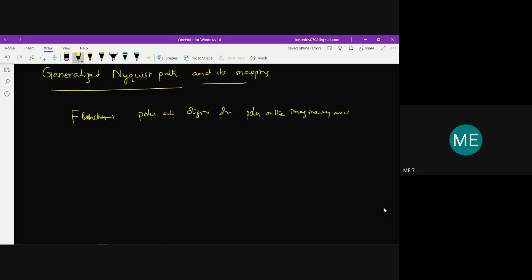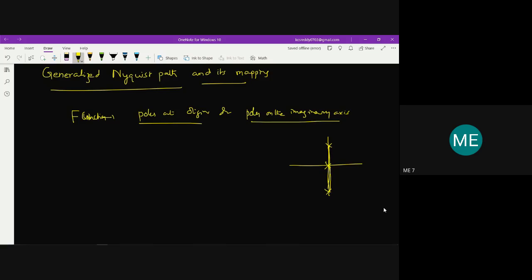In that case, the Nyquist path cannot be selected along the imaginary axis passing through the origin. If it has poles at the origin and poles on the imaginary axis, the Nyquist path cannot be selected along the imaginary axis passing through them.